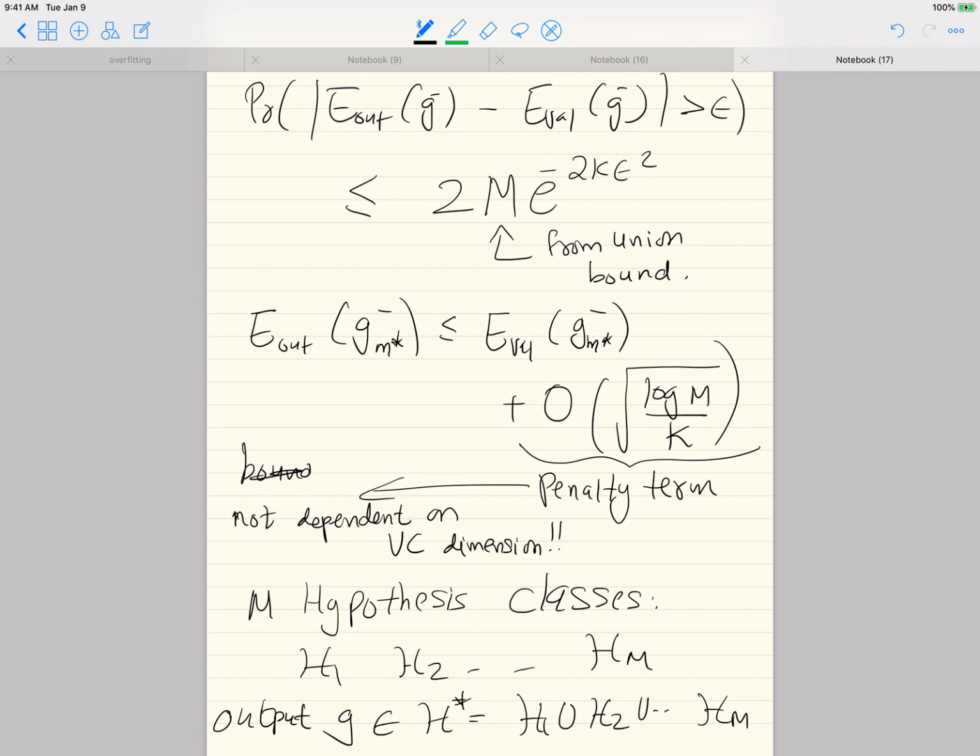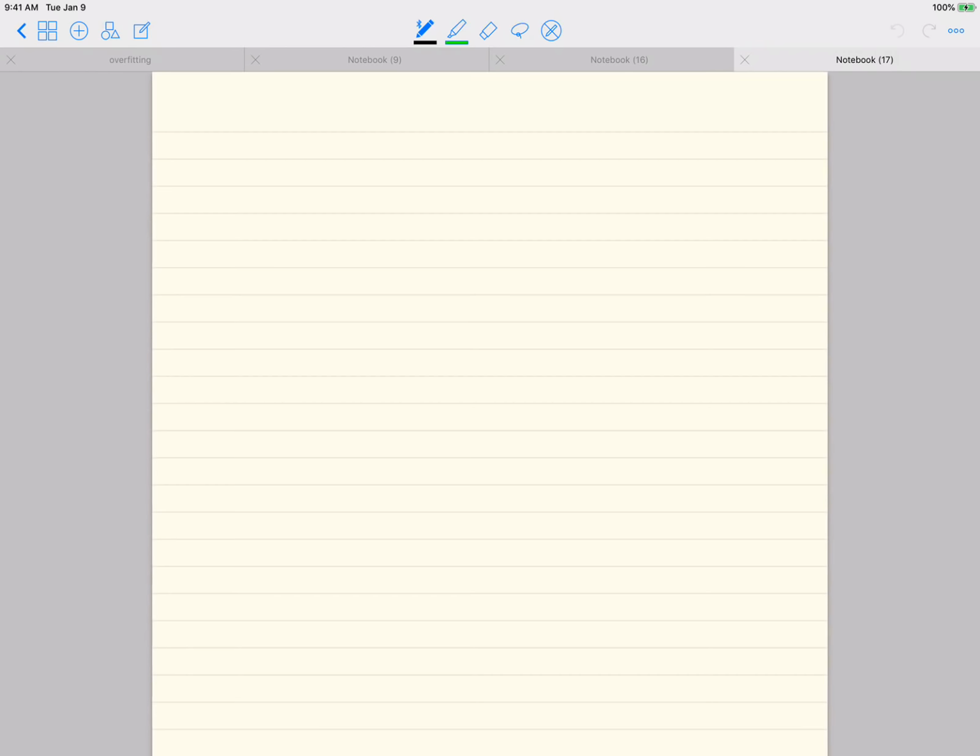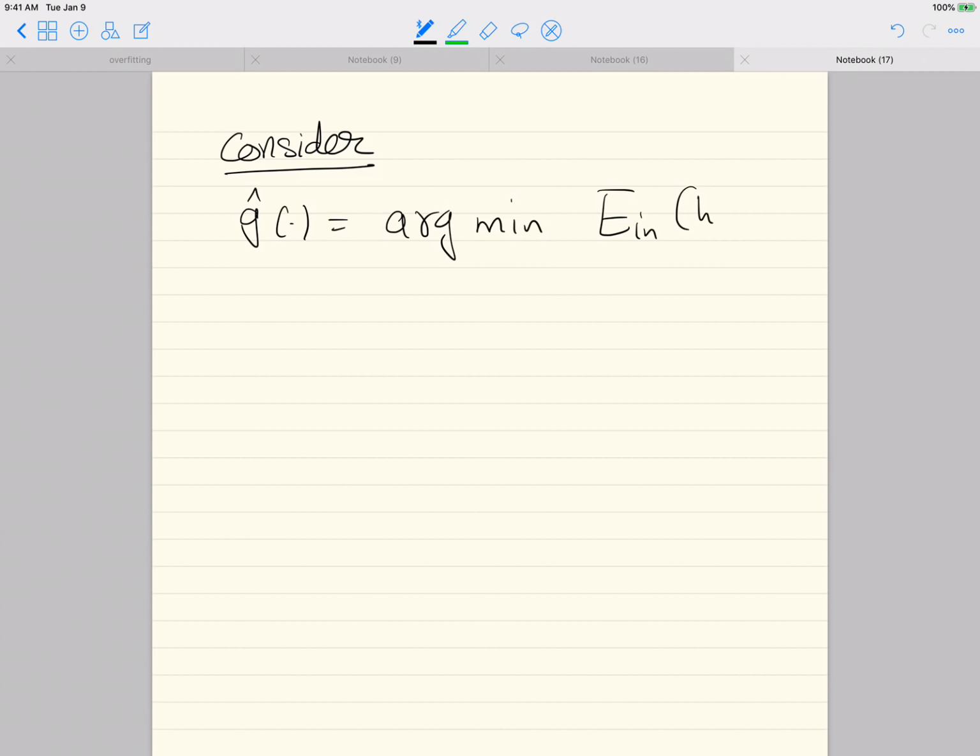So imagine that we just used H star, we directly trained on this and produced an output. Instead of doing this two-step approach, consider g hat to be argmin of E in of h, where h belongs to H star, which is H1 union H2 up to HM.